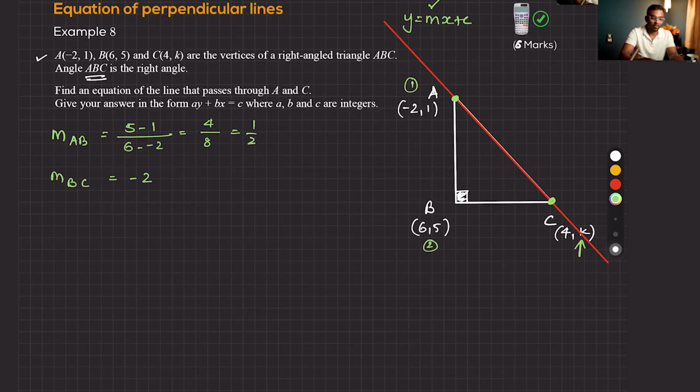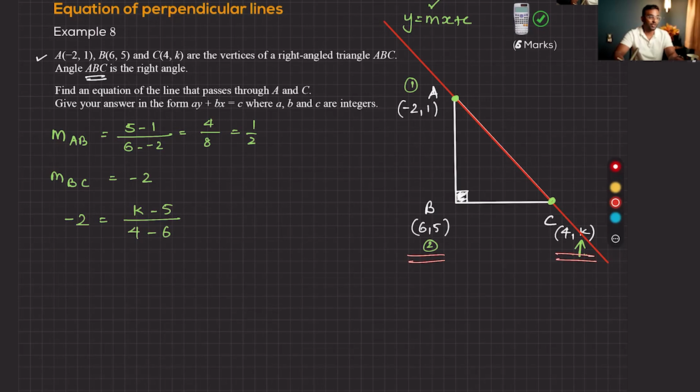Yeah, the gradient of AB is a half. Gradient of BC is negative reciprocal. Now, what that means is minus 2 must be equal to, I'm going to make a formula for the gradient, K minus 5 over 4 minus 6. Did you understand what I did over there? I just used the gradient formula between these 2 points.